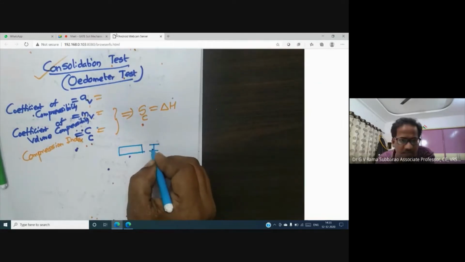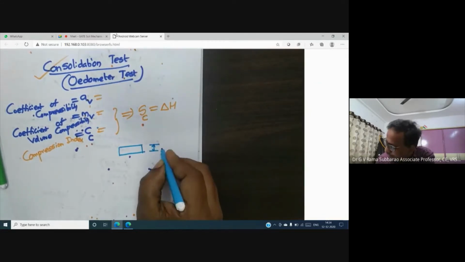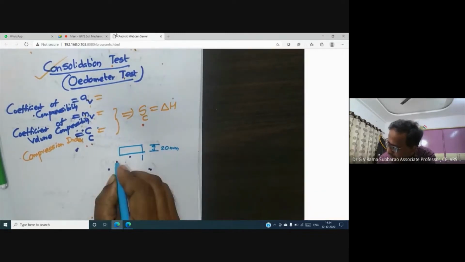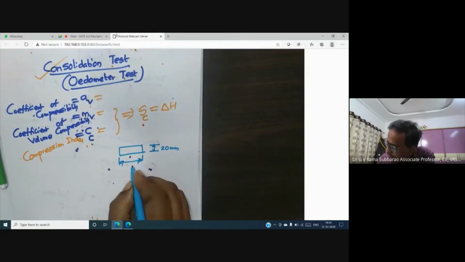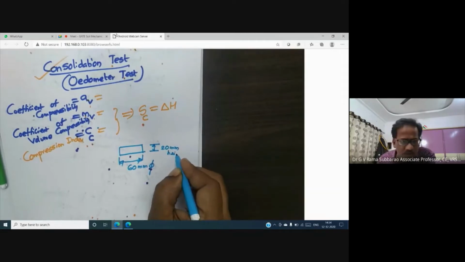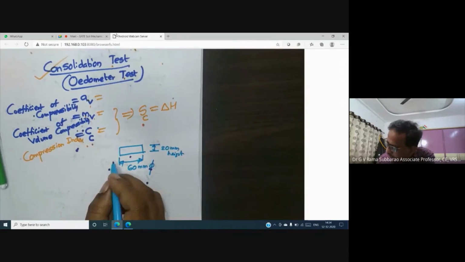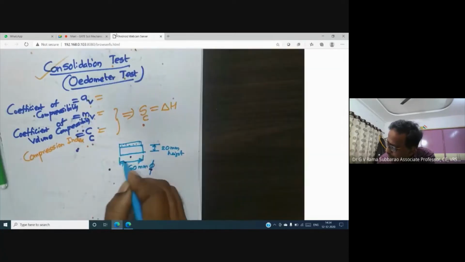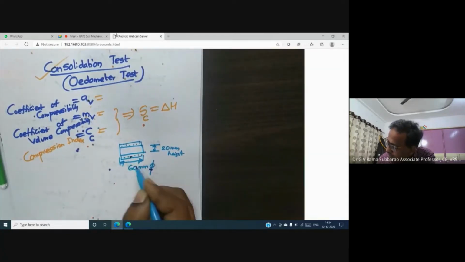The height of the specimen is 20 mm, and the inner diameter of the ring, nothing but the diameter of the specimen, is 60 mm. Now saturate the soil, that means keep porous stone above and below, and send water.